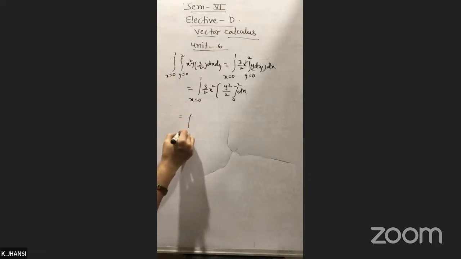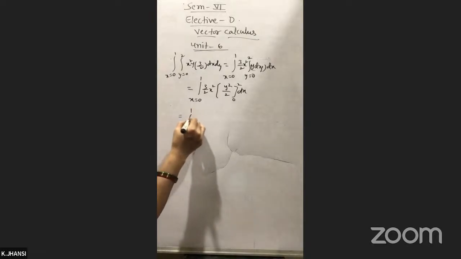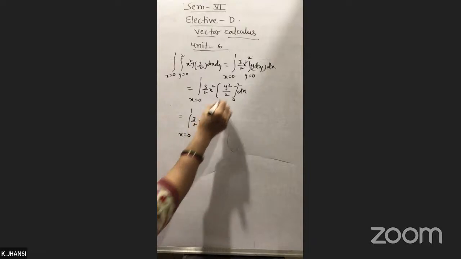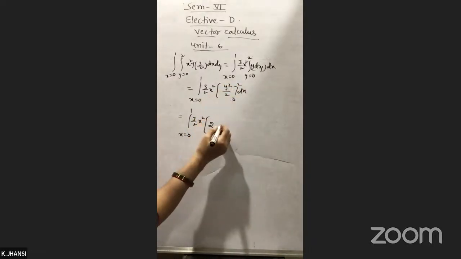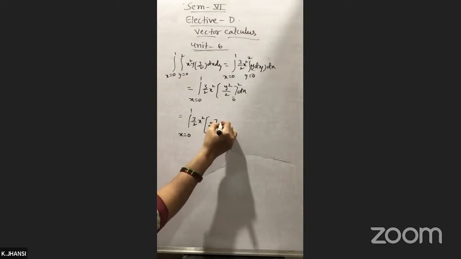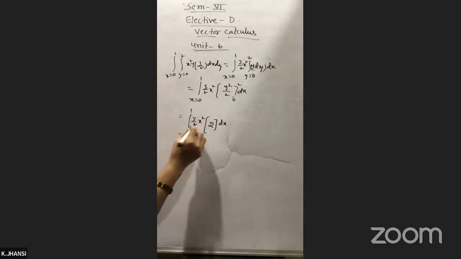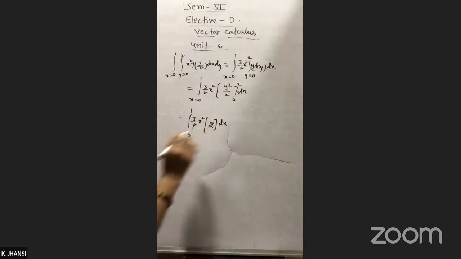So it is equals to x equals 0 to 1, 3 by 2 x square. If you substitute 2, 2 square is 4, 4 by 2 is 2. And when you substitute 0, you will get it as 0 only. Okay. Now this 2, 2 both will get cancelled.